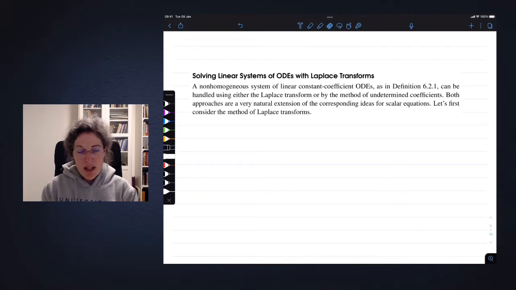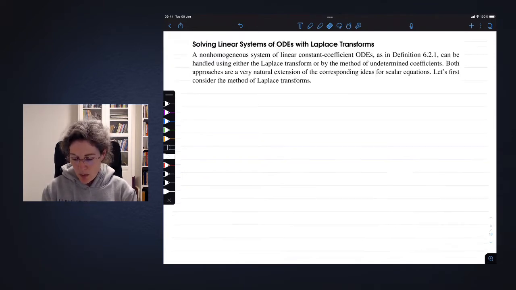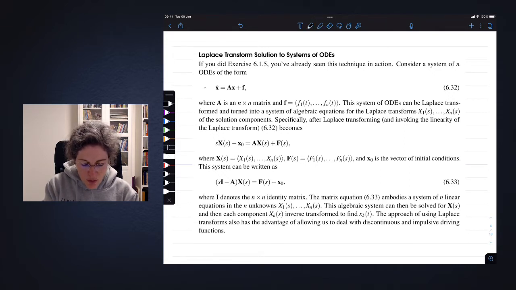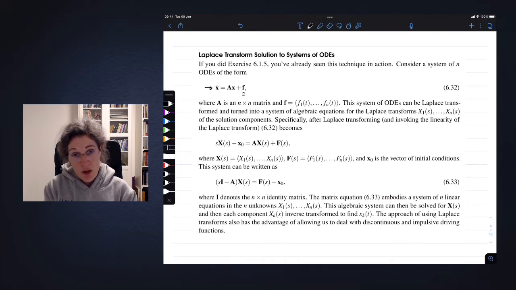Okay, so obviously one of the first things we could do, pretty straightforwardly, is simply take the Laplace transform of our system. So just so that we're all on the same page, we are looking at systems of first order linear DEs. In this case, they are non-homogeneous.